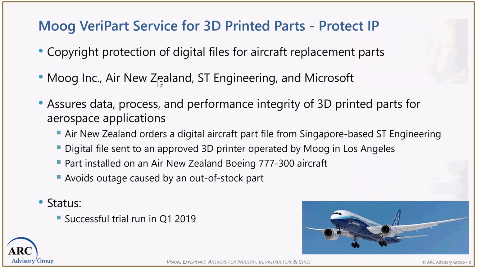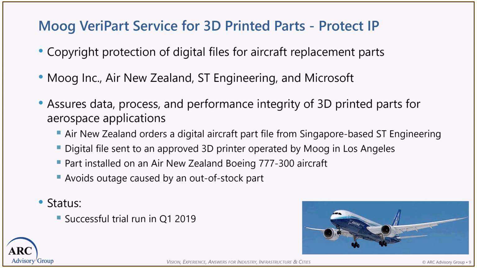The next one is around protecting IP. This is a neat case where a Singapore-based engineering firm had a design for a part. It was sent to a 3D printer in Los Angeles so that part could be installed in a Boeing aircraft and avoid an outage of the aircraft because it was currently out of stock.